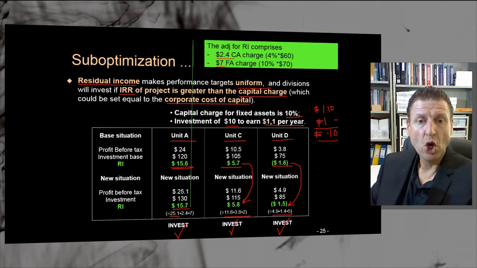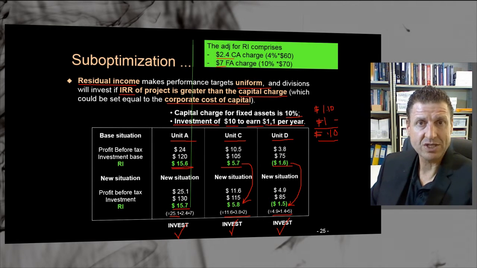So now all divisions are making the same decision for the same type of investment of $10 to earn $1.10 per year. And this decision to invest, yes, yes, and yes, number one, is congruent.